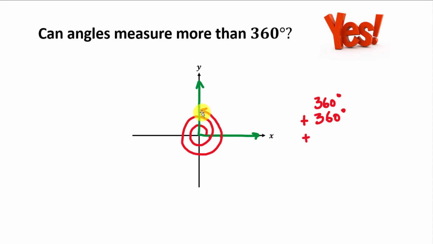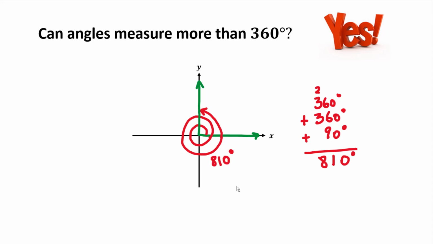Remember, that remaining portion is 90. So that's plus 90. And then when I add those numbers up, I'll find out the measure of this angle. So 0, then 12 plus 9, 21. And then 3 plus 3, 6, 6 plus 2, 8. So this angle actually measures 810 degrees.